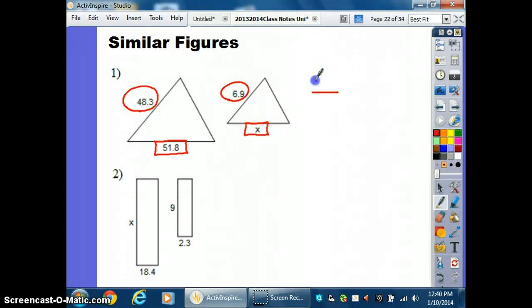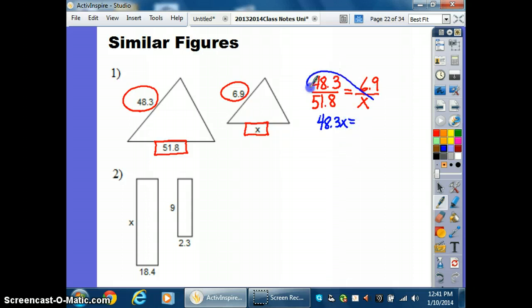I'm going to use the one 48.3 over my 51.8 equals 6.9 over x. I'm going to use my cross products and find out what x is. Okay, I think I get 48.3x.